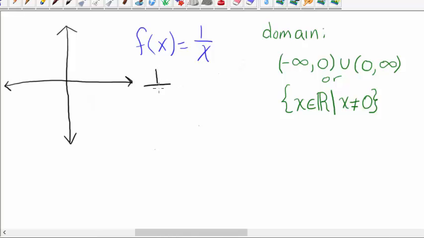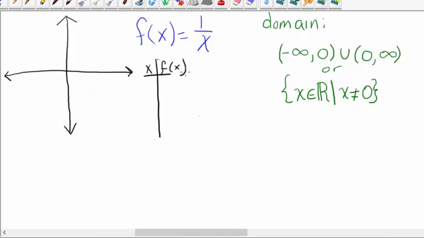So what does this function look like? Let's think about what it does for positive values of x. For example, when x is 1, f of x is 1 over 1, which is 1. Let's try some others. When x is 2, f of x is 1 over 2, or a half.